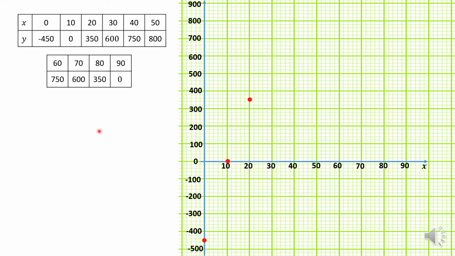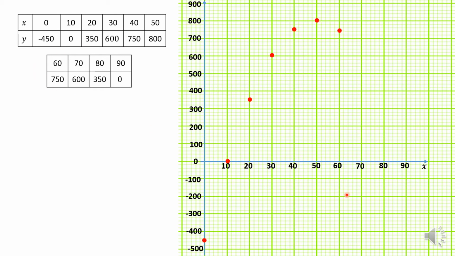Don't make your dots too thick, otherwise they become like a circle with a diameter, and then it's very difficult because some of these points are not exactly whole number points. So 30 and 600, this one is straightforward, exactly a whole number point. Then 40 and 750, 60 and 750, and 50 and 800, that's the highest point, so this graph has a maximum.